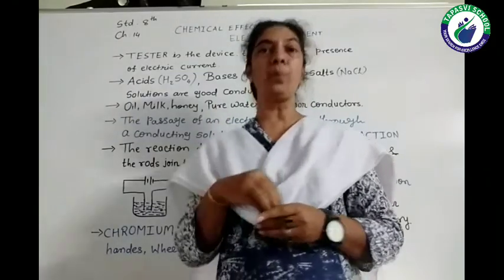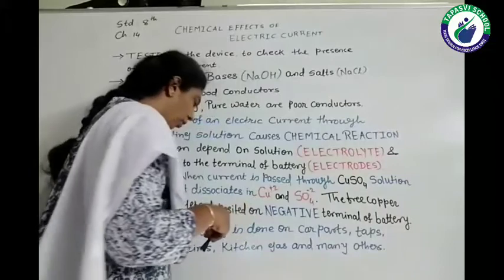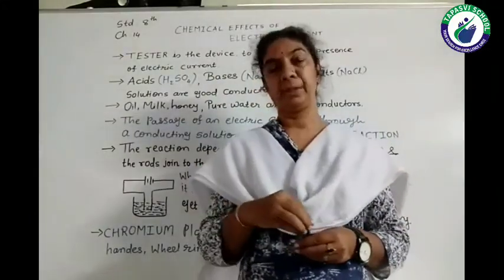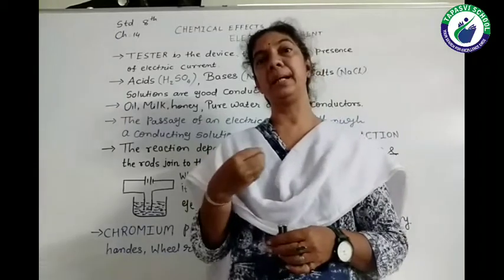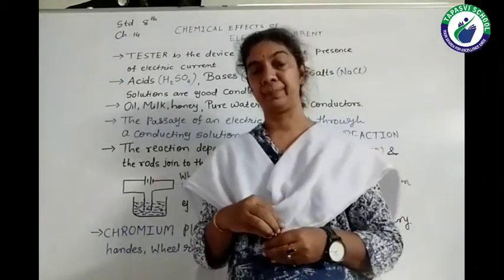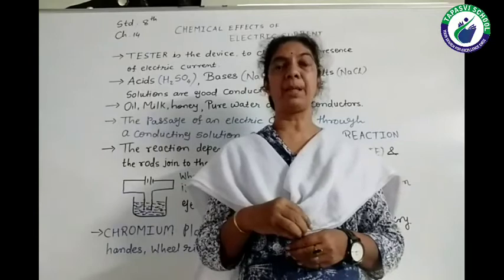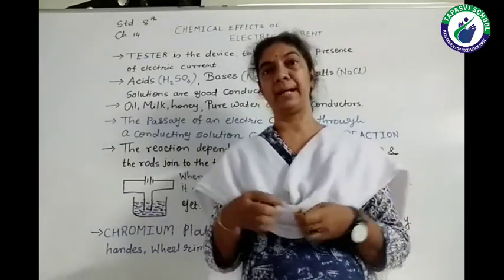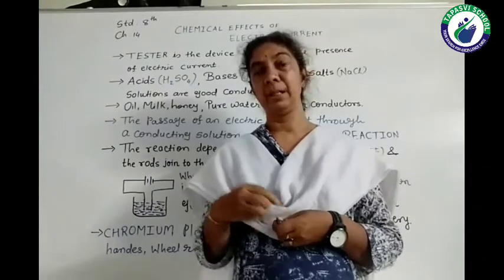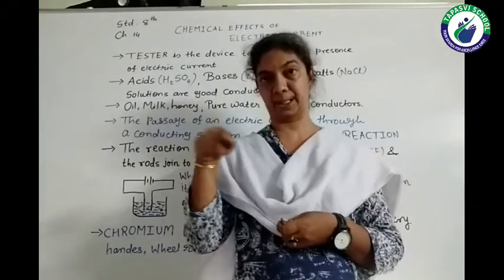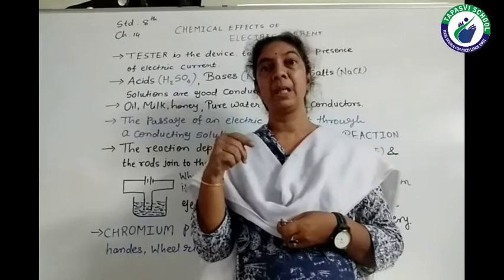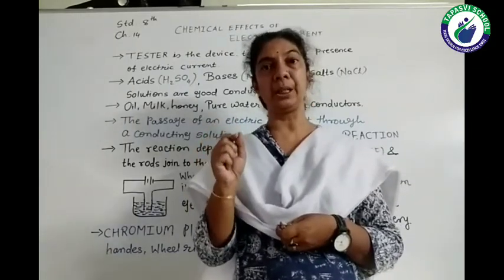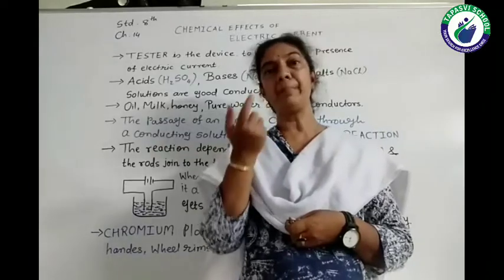Like that, chromium is one of the important or costly metals which has a very shiny and lustrous look. Substances made of iron, like handles of doors, handles and wheel rims of the bicycle, other auto parts, the taps which we use in the bathroom, are all made of mostly iron.